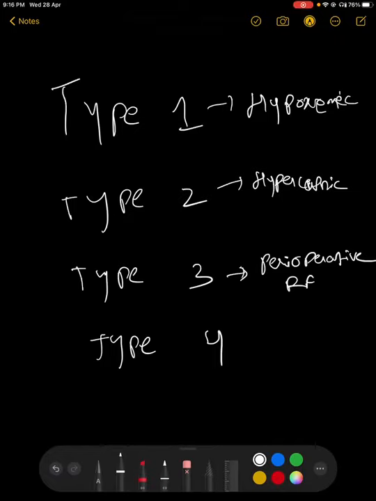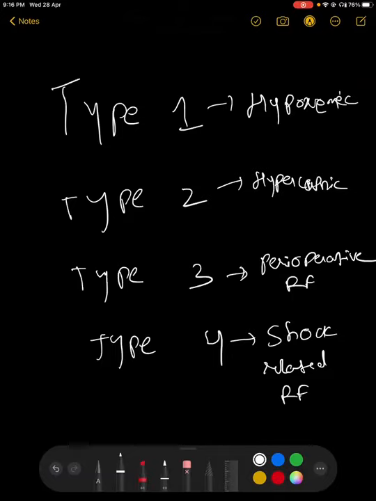And type 4 is shock-related respiratory failure.